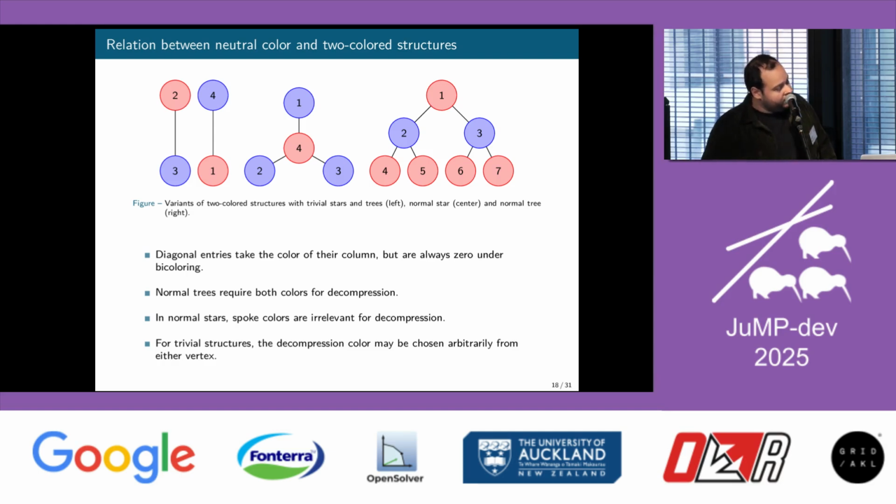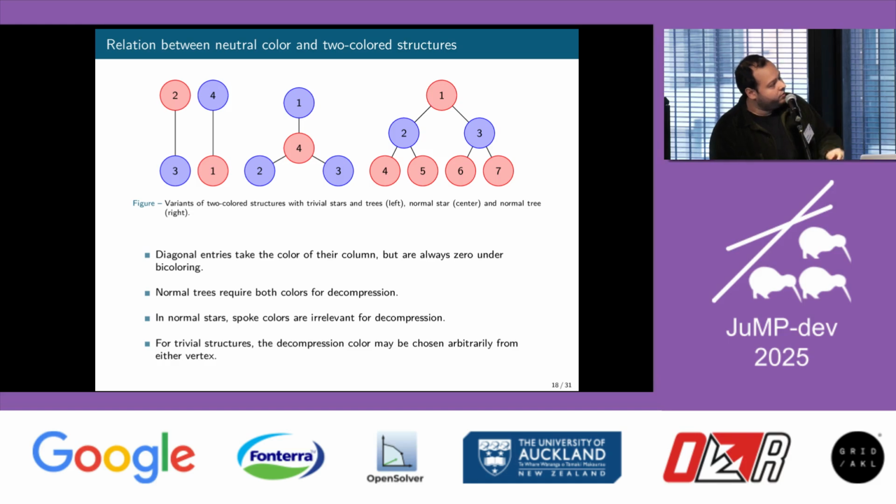Here, inside the acyclic and star coloring, without going too much into the details, we rely on two kinds of structure, what we call the two-colors stars and two-colors trees. That's more or less what is generated inside these two colorings. And when we have different substructures, to recover the non-zeros in the sparse Hessian and sparse Jacobian, we need only the color of the hub in the stars and the colors of all nodes in the tree.